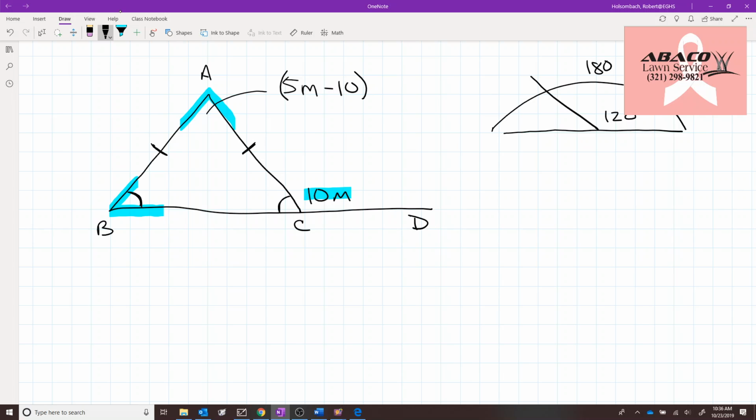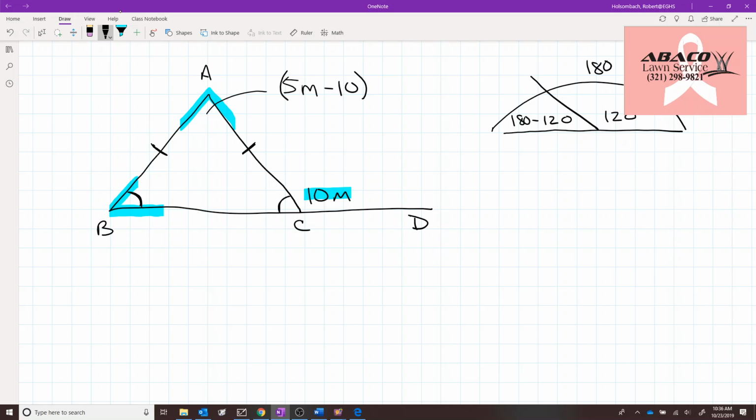Another way of saying that this angle on the left would be 60 would be saying that the angle on the left equals 180 minus 120. Agreed? This angle on the left of a linear pair is going to be equal to 180 minus whatever the angle on the right is. So you have to apply that concept to this problem.